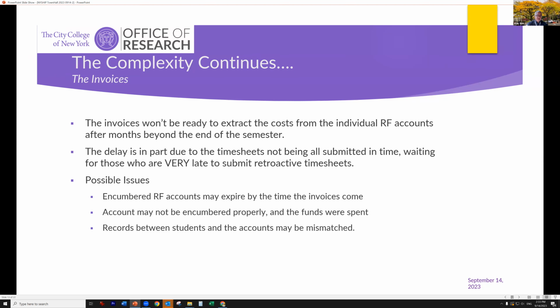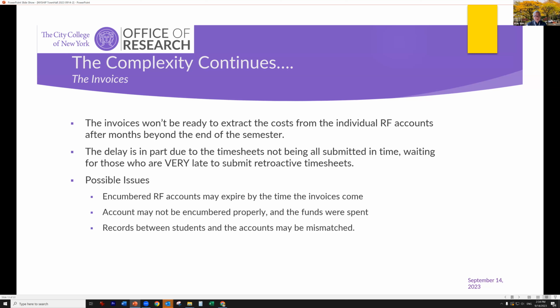Now, after all the timesheets are submitted, the invoice is supposed to come at the end of the semester, but sometimes it's not as simple as that, because the number of hours may not be used up just yet, or the student is missing many timesheets. So the finance department really cannot reconcile the account to generate the invoices.